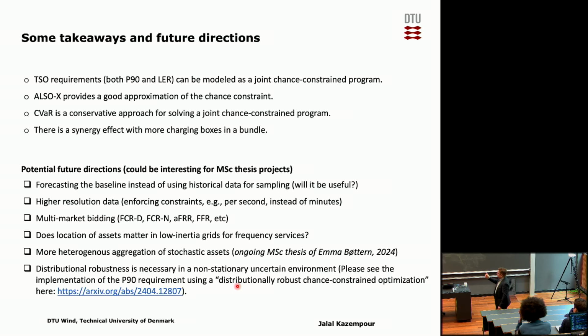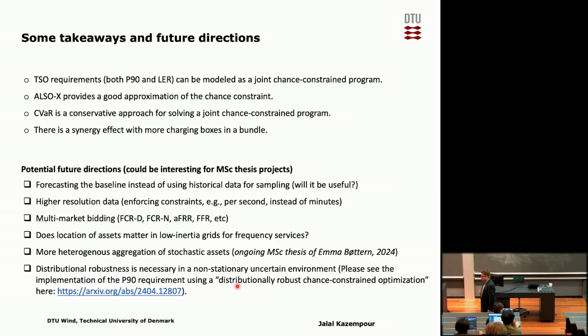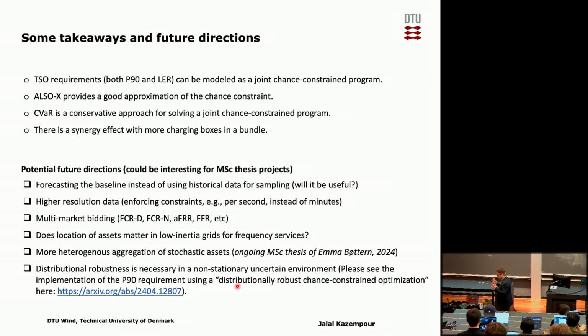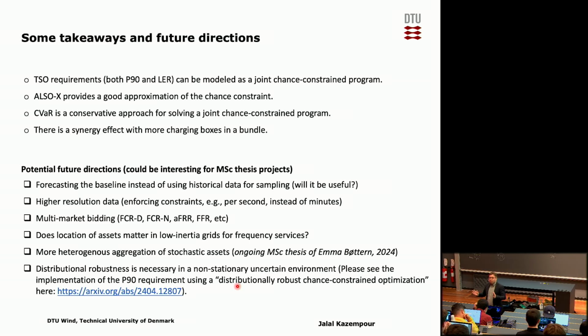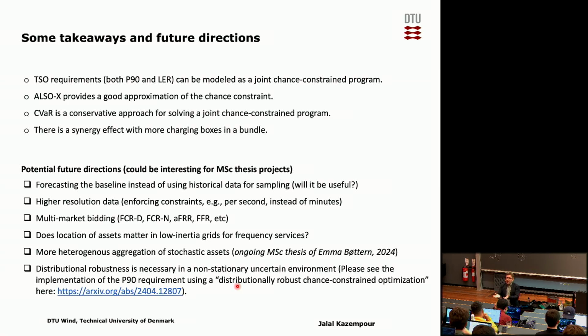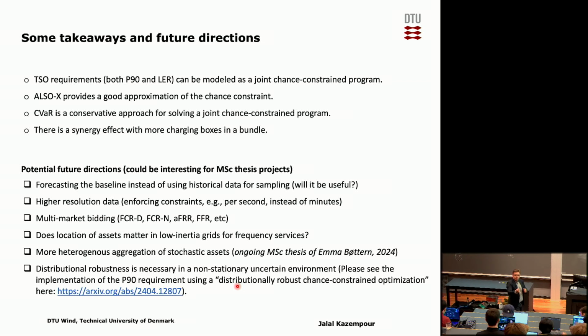So you can think of something called, for example, distributionally robust optimization, saying that, okay, I have an empirical distribution from historical data, but I define a budget for my optimization problem to make that distribution even worse for me. Then I optimize my problem, assuming that nature will make the empirical distribution even worse for me.